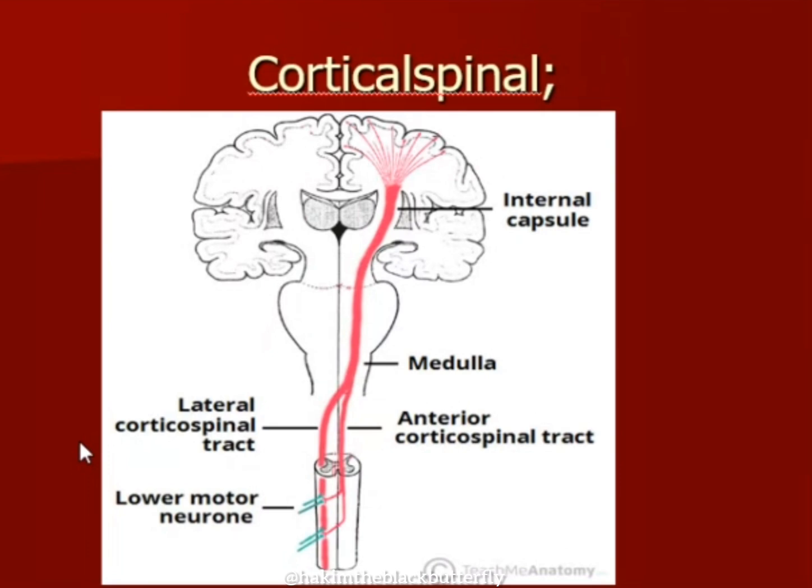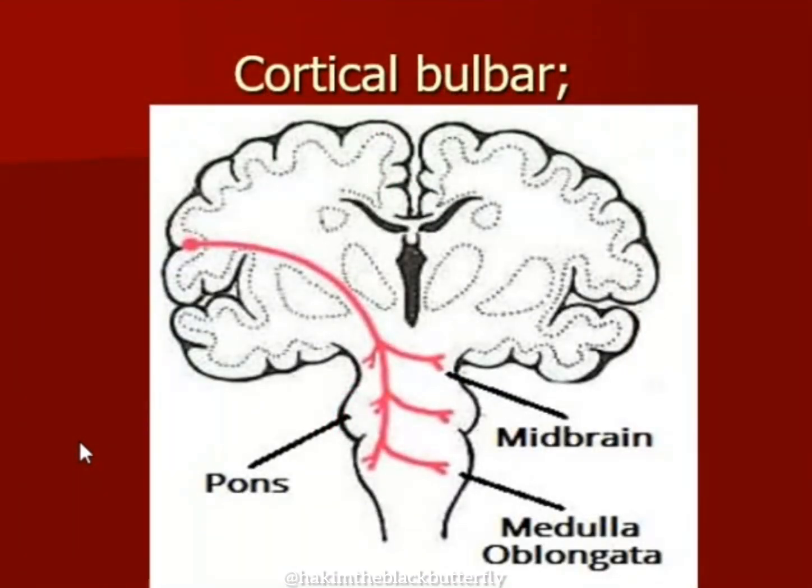The other division of the pyramidal tract is the corticobulbar tract. You're seeing that in the corticobulbar tracts, the axons of the upper motor neurons are not going to reach the spinal cord.